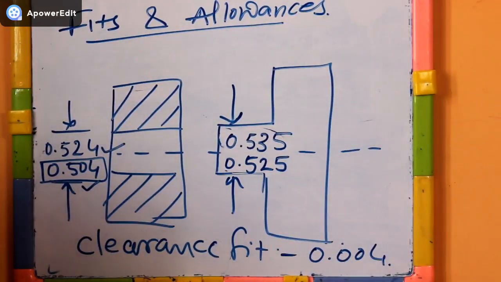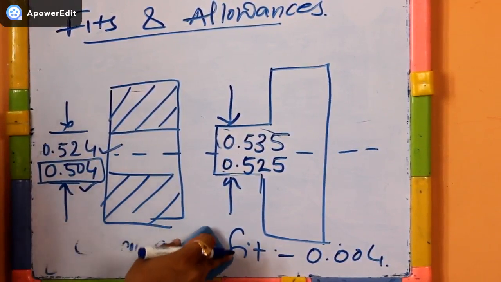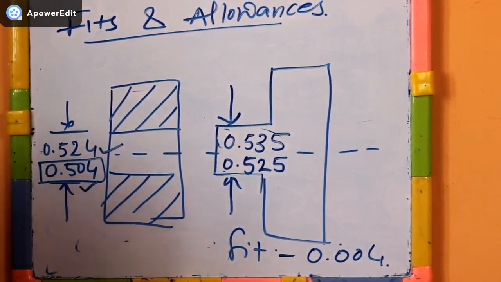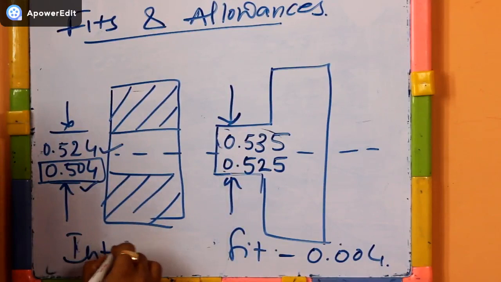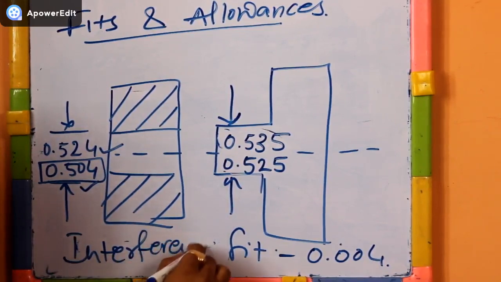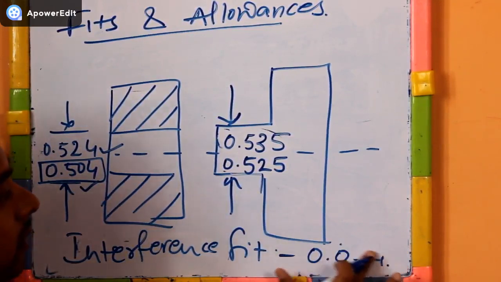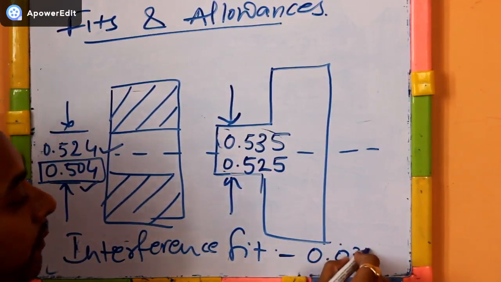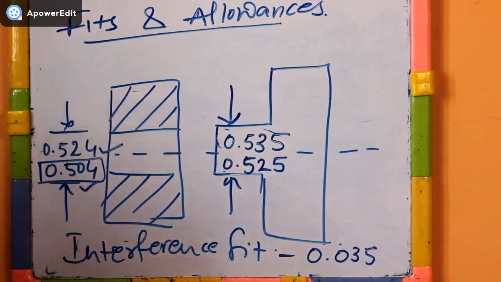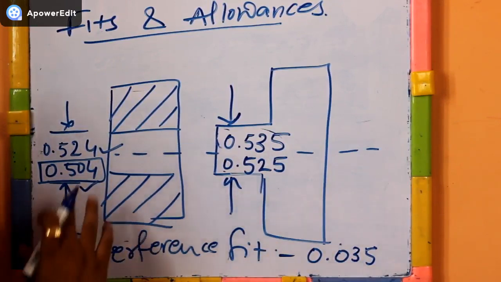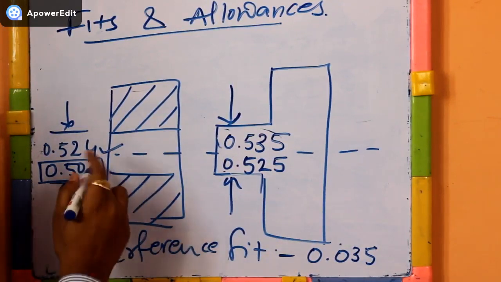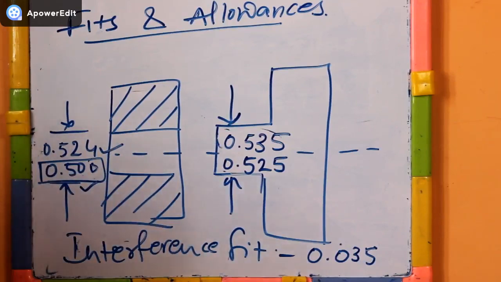So here the interference fit will be 0.035 if you consider this as 0.500.